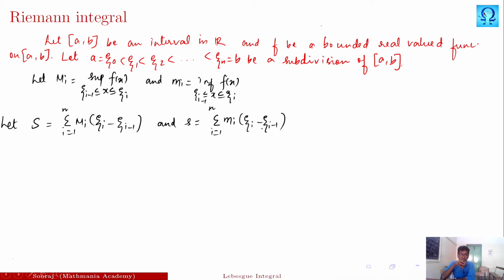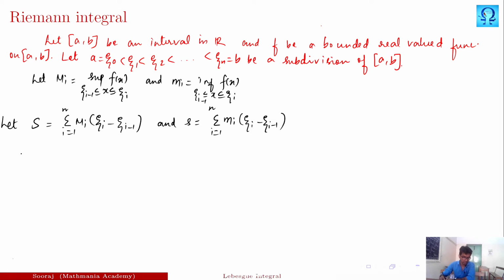The corresponding supremum and infimum value in the subinterval has to be multiplied with the corresponding length of the subinterval. After finding this in each subinterval, we add them up.